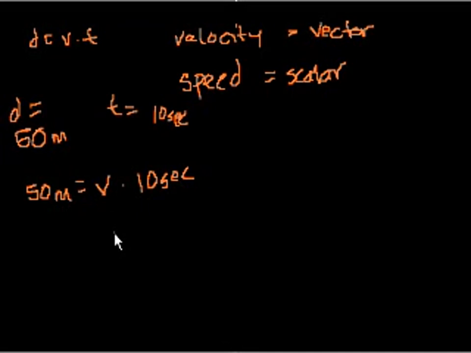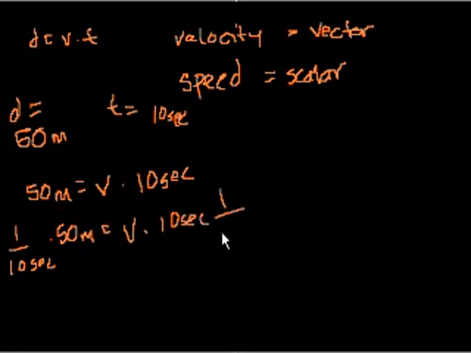I'm doing this because I want to show you that when you divide the numbers, you should also divide the units with them, and then you'll always end up with the right units. So let's multiply both sides of this equation by 1 over 10 seconds. Then I get 1 over 10 seconds times 50 meters is equal to velocity times, well, I'll write it all out.